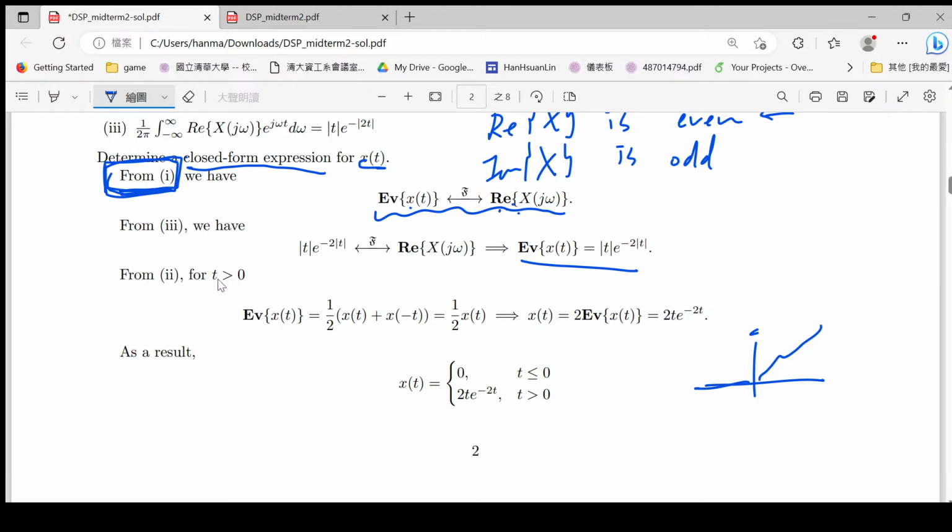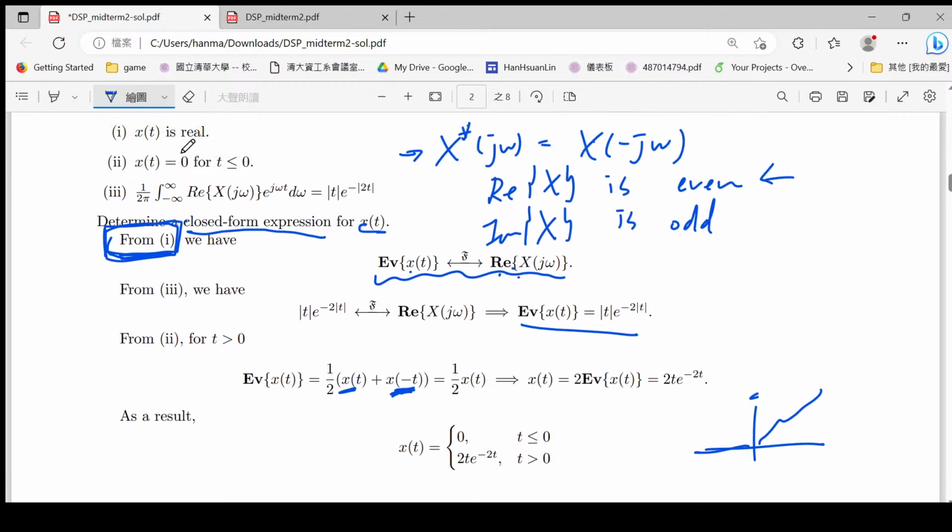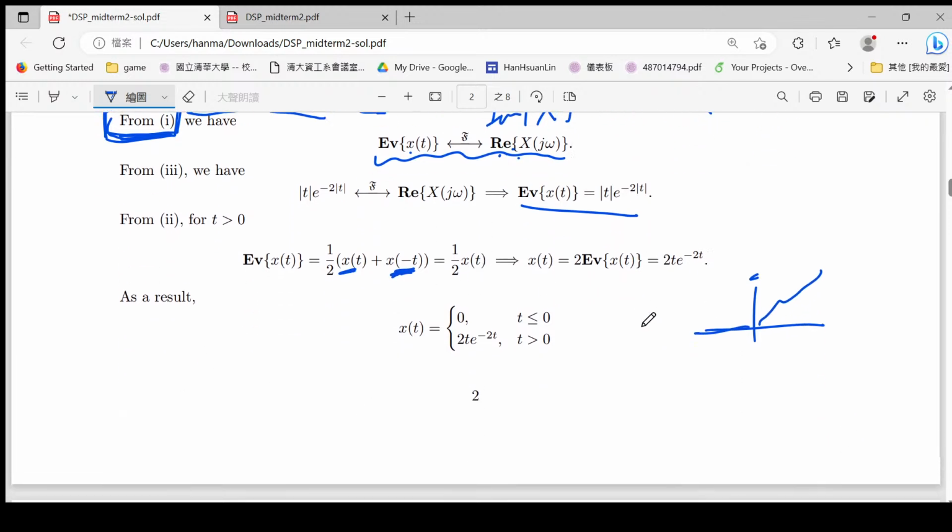If you focus on the t bigger than 0 part, then you see that this even part is the whole thing plus the negation of it. But for t bigger than 0, the less than 0 part is, by condition 2, 0. And so for the t bigger than 0 part, this even part is just 1/2 of the whole thing.